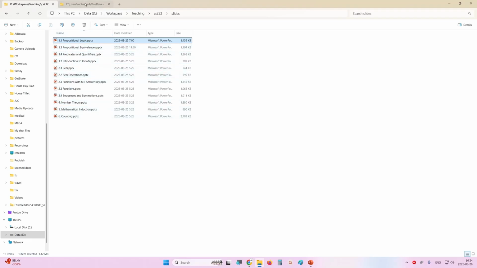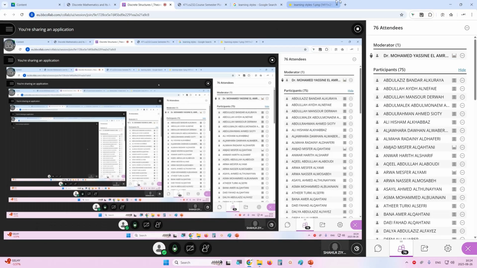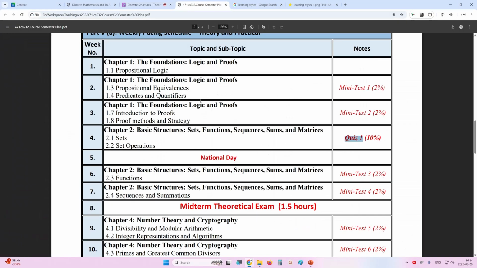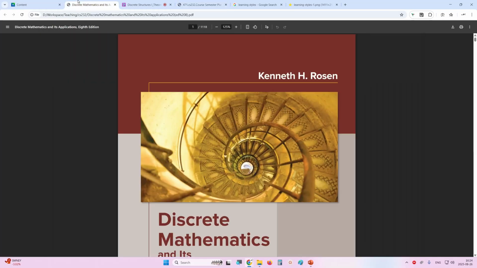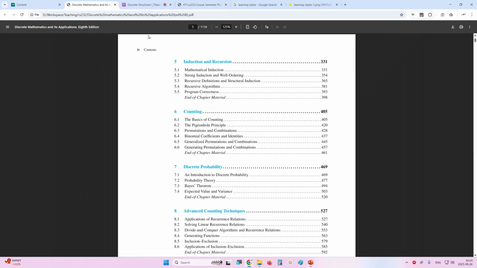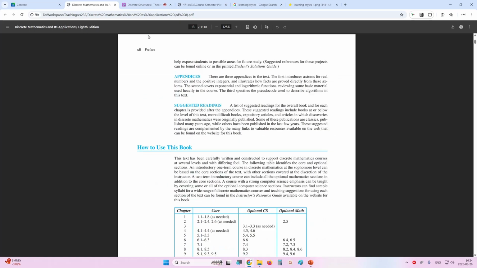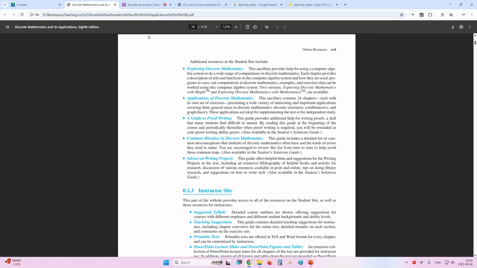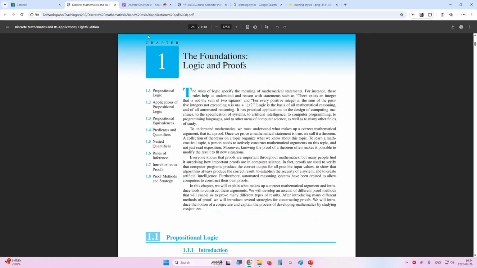This is from Dr. Abdul Salam, so I don't know if they are all covering what is expected. I think so, but I noticed that in some cases some small parts were missing from, for example, the book. Let's say for this here, this is chapter 1. Where is it? Okay, here.